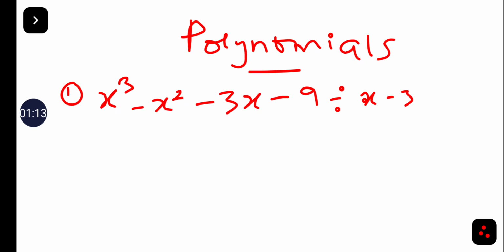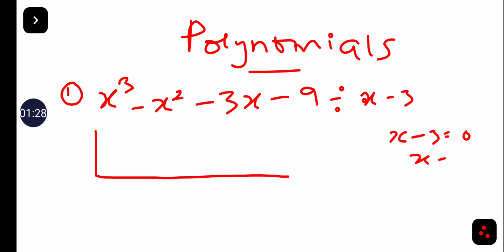If I'm to use synthetic division, this is what I will do. Now x minus 3 means that the root is x minus 3 equal to 0, x will be equal to 3. So I put the root here.